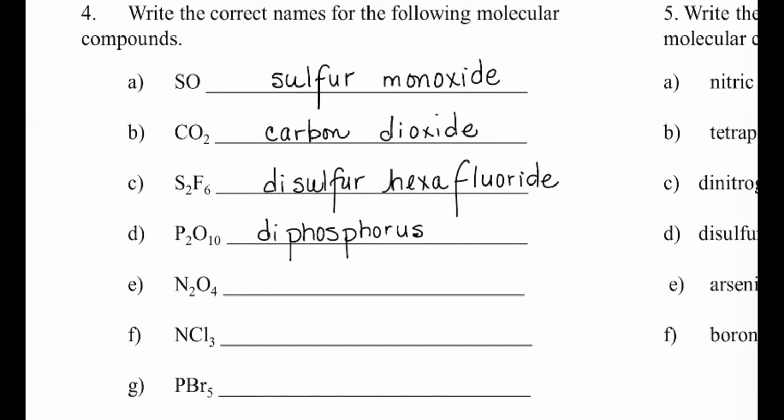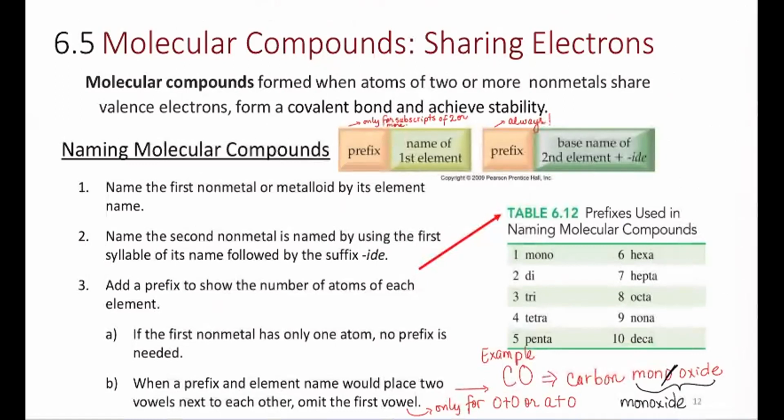What word do we use for representing the 10 O's? Decoxide. Because remember that in this case is deca plus oxide. For those of you that are not familiar with the prefixes, let me write it here.